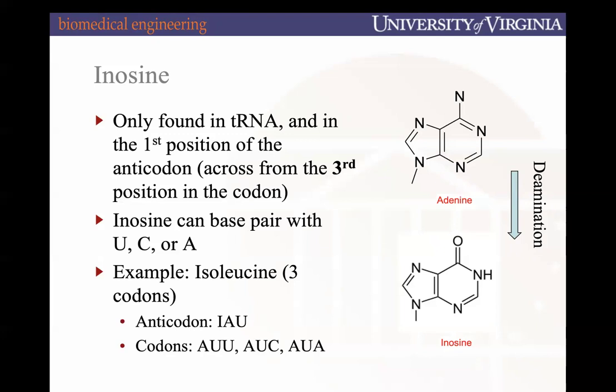This flexibility creates redundancy that is going to be key for mutations that we'll talk about later in the slide. The key thing to note here is that the flexibility in the wobble position and the ability of inosine to bind three possible base pairs creates flexibility that enables the redundancy that we see in the genetic code.